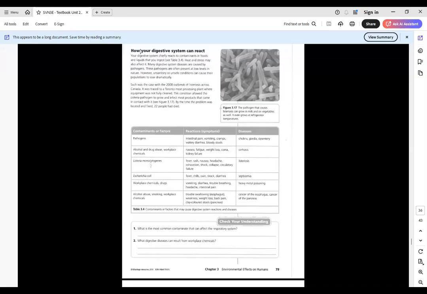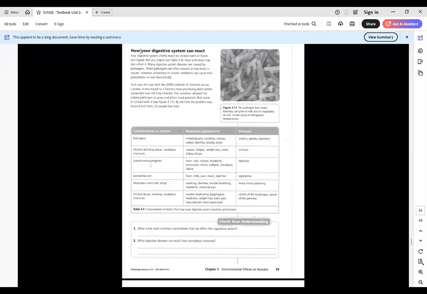Alcohol and drug abuse workplace chemicals is the second thing listed in the chart, and you can see the disease listed there. The second one also has workplace chemicals, you'll see what the disease is there. And then the last line of the chart's also workplace chemical. You can see the diseases listed there.